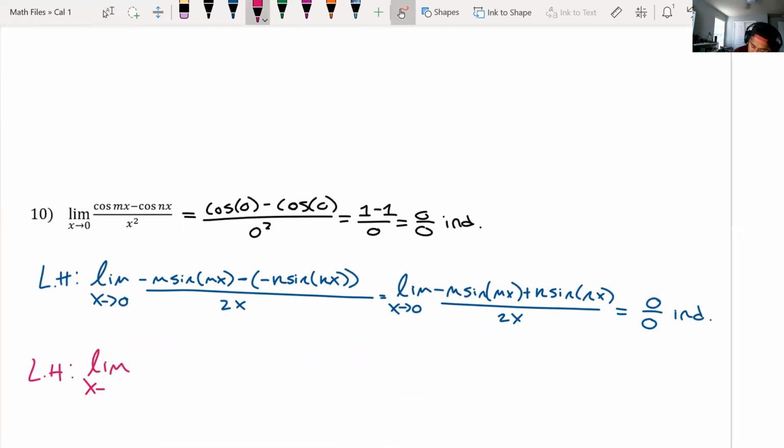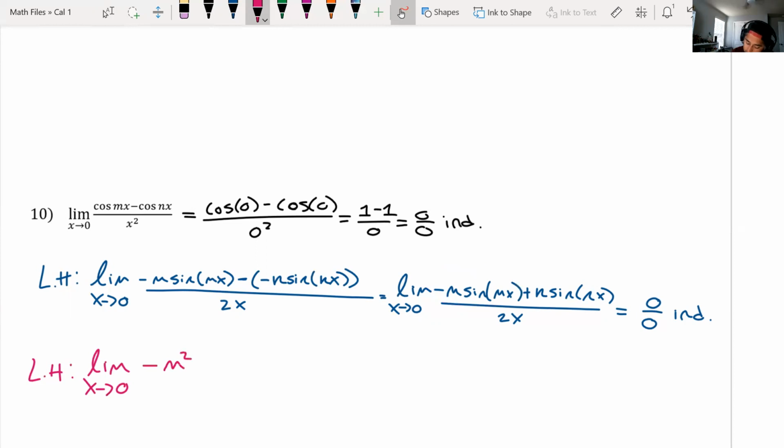The limit as x approaches 0. And now, what is the chain rule derivative of negative m sine mx? Negative m squared cosine mx. Good.